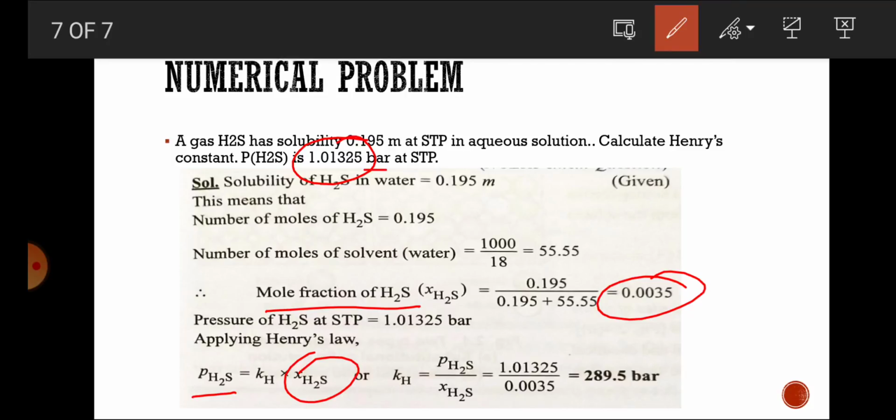Now you know these two values, so dividing the two, you can find the value of KH. Here the value of KH is 289.5 bar.